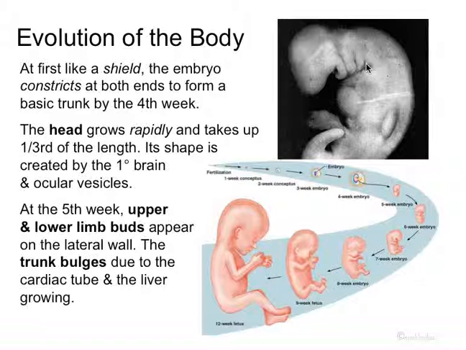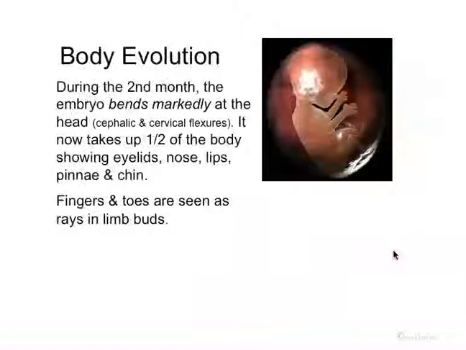So that becomes a big structure. At about the 5th week, the upper and lower limb buds appear on the lateral wall, and you can see that little bit coming out here. The trunk bulges forward due to the cardiac tube and the growing liver.